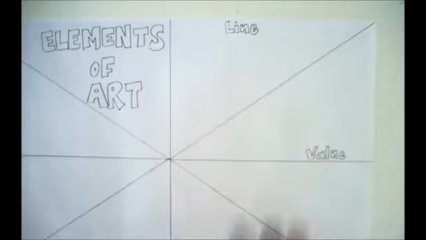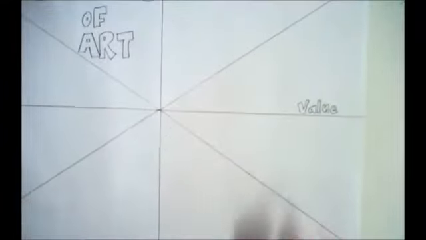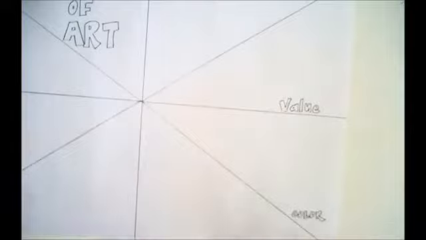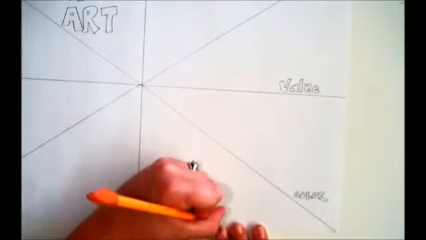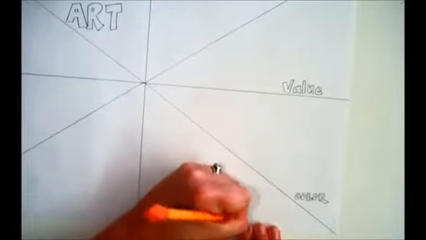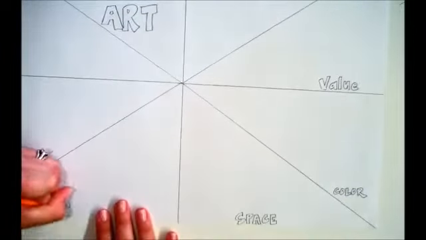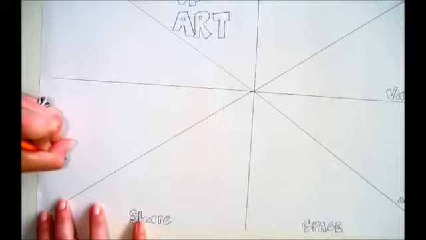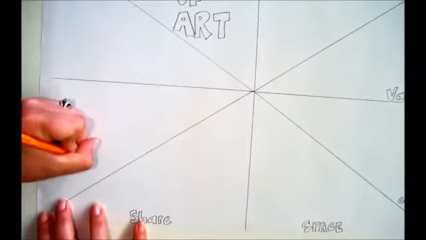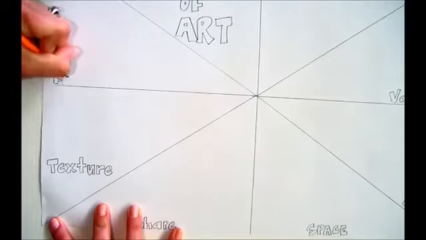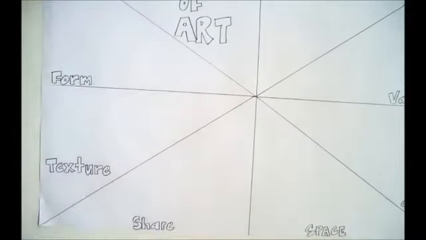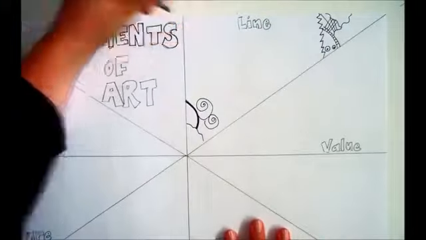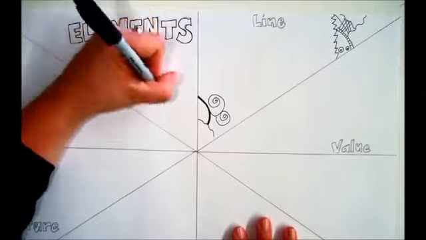So to the right of the Elements of Art, put line, then down from that and clockwise, value, color, space, shape, texture, and form. Next, go over your letters that you just wrote with Sharpie or marker so that they stand out a little bit more.